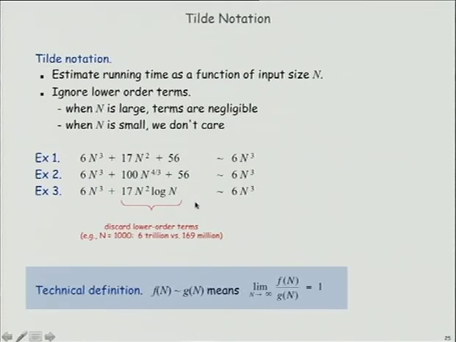From a technical point of view, I can have a definition for the tilde notation, and I have it there. f of n tilde g of n means that if I divide g of n by f of n, and I let n approach infinity, so I really have large n, then that will be equal to 1.